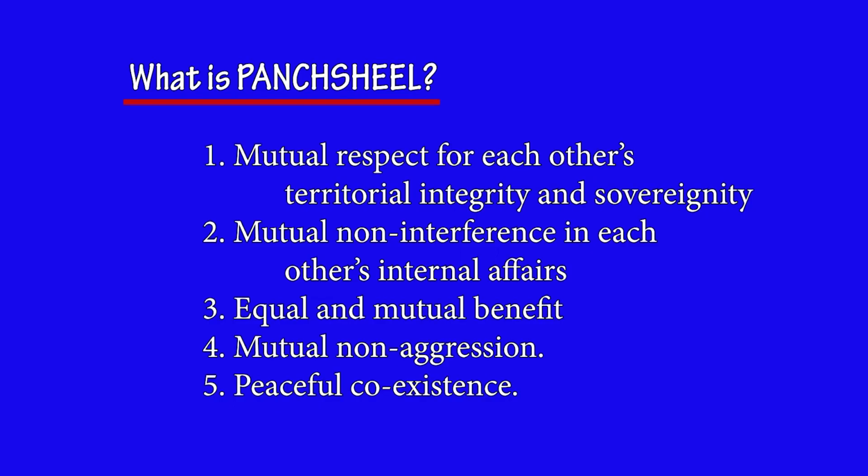The Panchsheel principles, that means five principles, enumerated that there should be mutual respect for each other's territorial integrity and sovereignty, mutual non-interference in each other's internal affairs, equal and mutual benefit in the working relationship, and mutual non-aggression and peaceful coexistence.